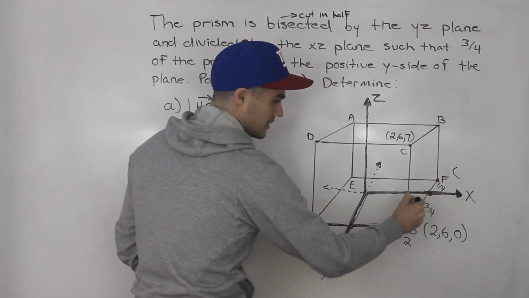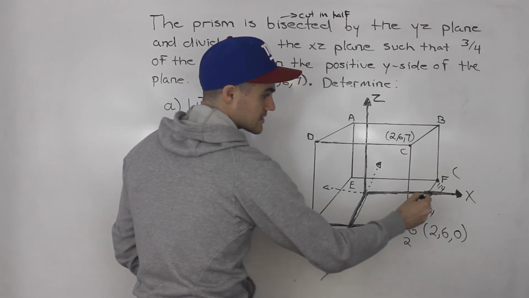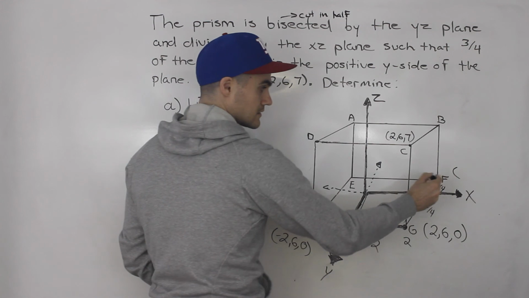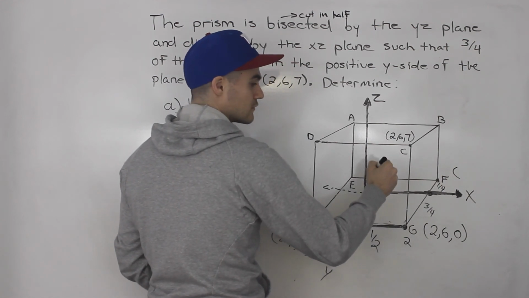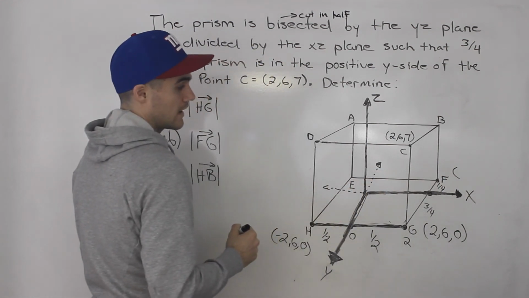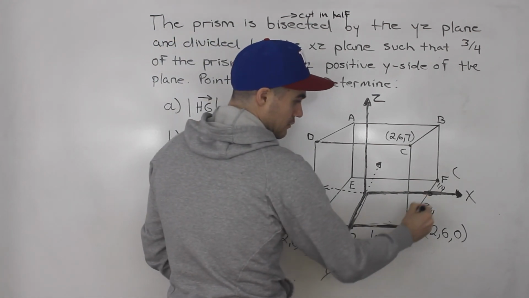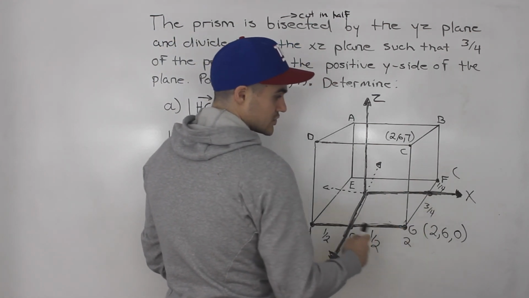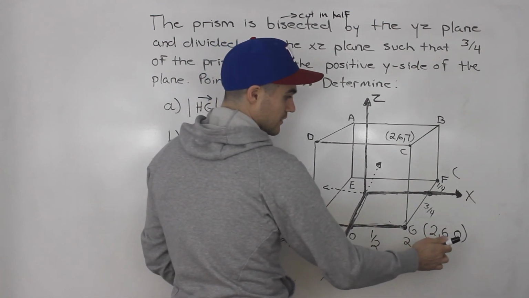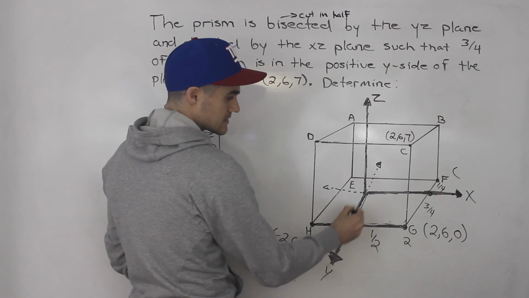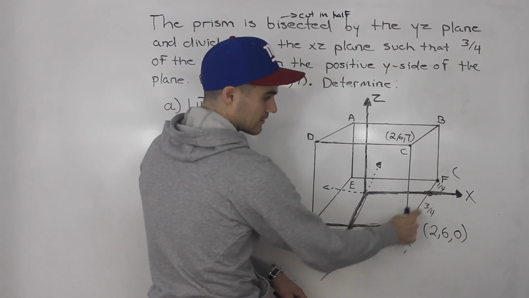Right? This portion here is in the positive portion of the y-axis, and this portion here is in the negative portion of the y-axis. Notice that this length is determined by the y-coordinate. If you look at the y-axis, that's what's determining this length here.